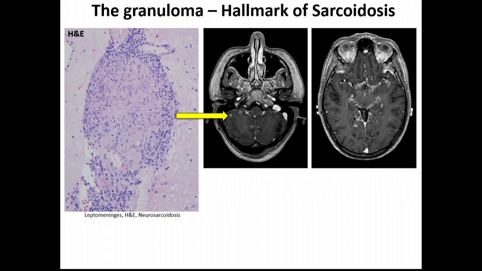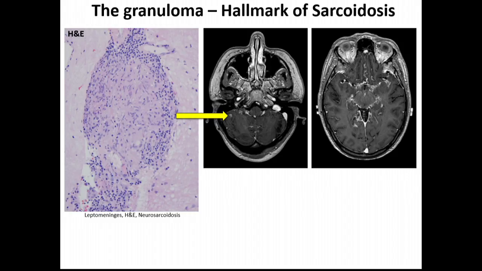In TB, it's hazy and you can't really draw a border. The granulomas are sort of leaking everywhere, and they're not these well-formed compact balls of macrophages. The other thing we see here is that there's no necrosis in the middle of this ball of macrophages. So this is a non-necrotizing, well-formed granuloma.